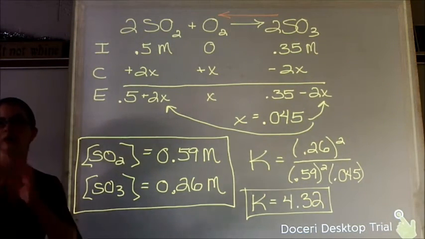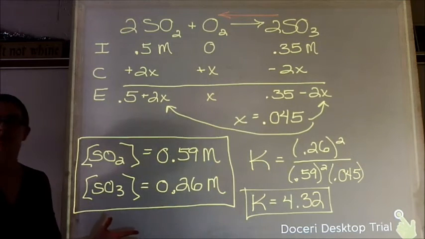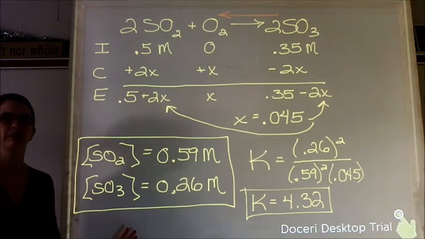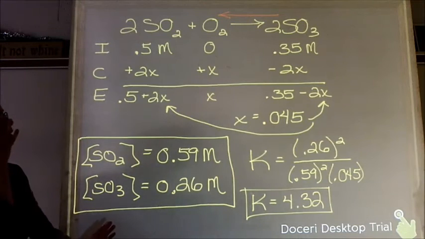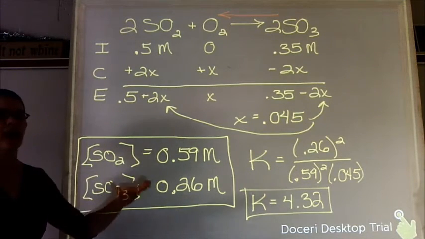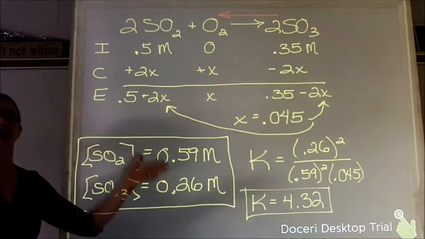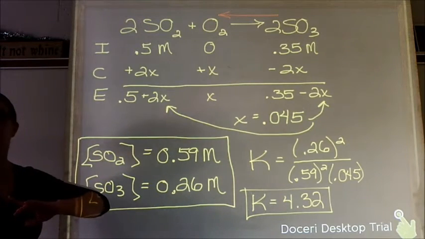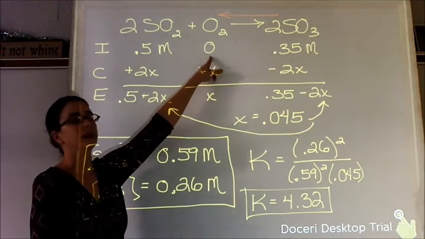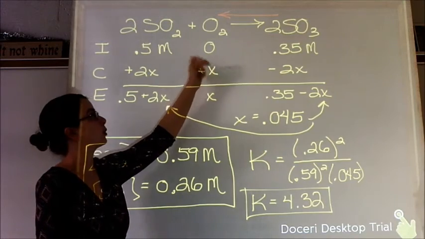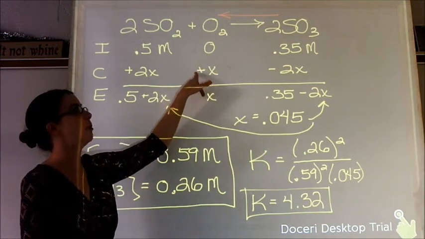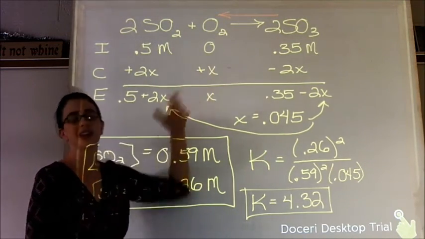Okay, so not too difficult, right? The only reason I knew with absolute certainty that this would be shifting to the left, think about it. If this were to shift to the right, this would be 0 minus x. Molarities can't go below 0.